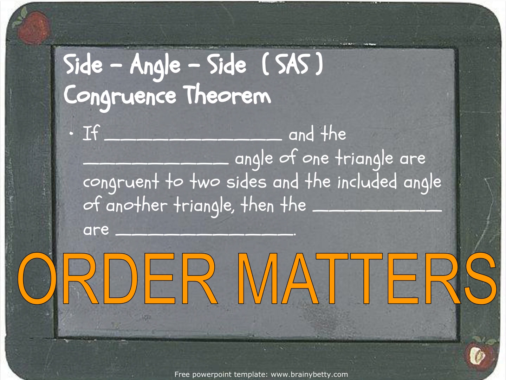So if two sides and the included angle of one triangle are congruent to two sides and the included angle of another triangle, then the triangles are congruent.